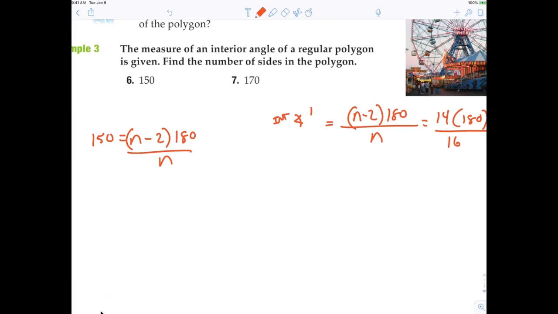Somebody said it's 12. Now, if you're having a little bit of trouble, just remember you can make it a proportion and cross multiply.